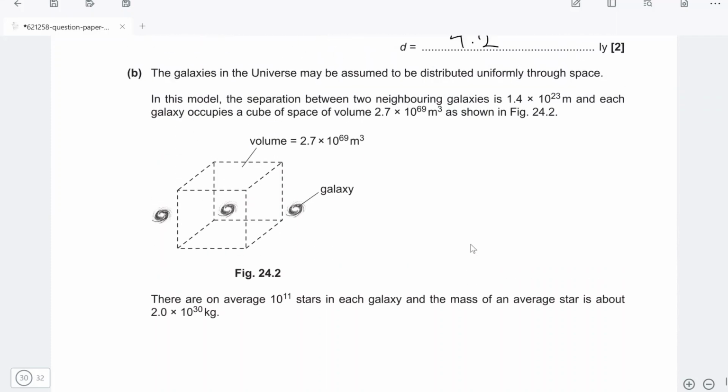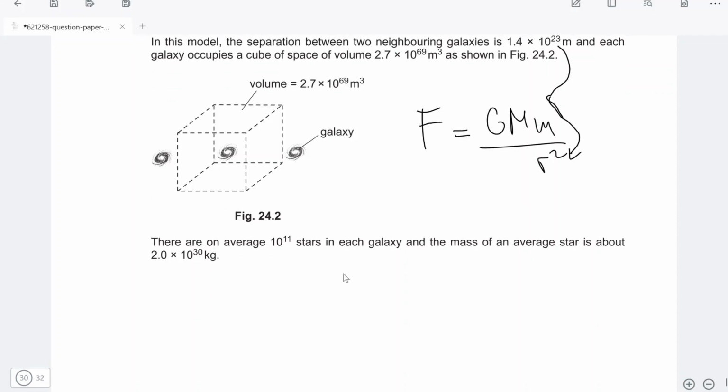What we're going to use is F is equal to GMm over r squared. I'm just using the magnitude, so I've not included the negative sign, which takes account of the direction of the force. Now the distance between 2 neighboring galaxies is already given, so this over here is our distance r, and the masses of the 2 neighboring galaxies will be the same, and we can estimate that using this information.